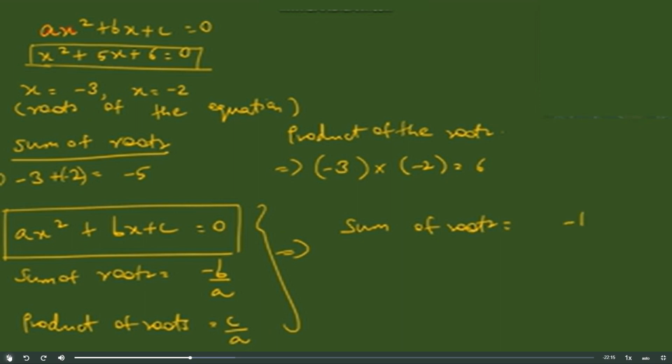Minus b by a, which is equal to minus 5 by 1, which is minus 5. Then the product of the roots is equal to c by a, which is 6 by 1, which is 6. So I have got the same answer using the formula. Please make a note of this.